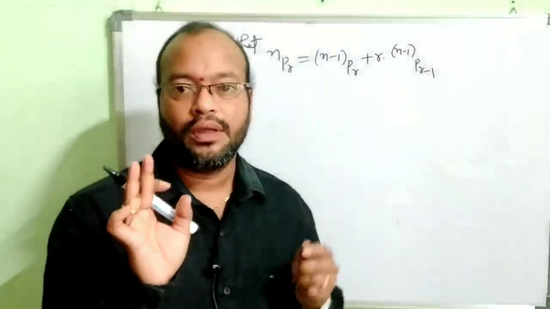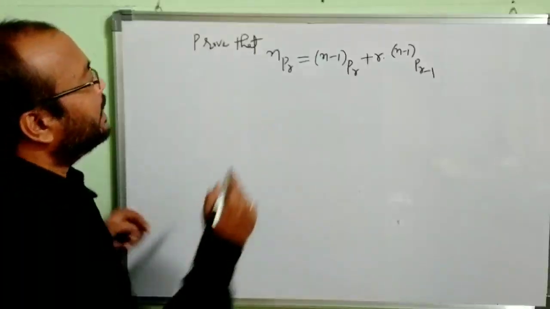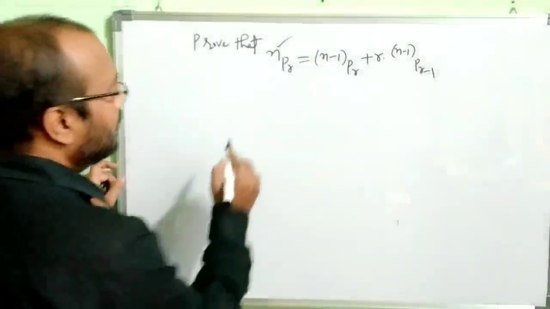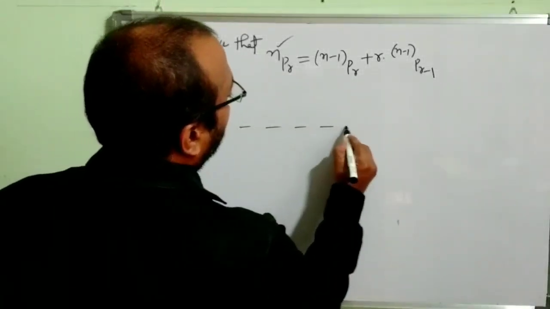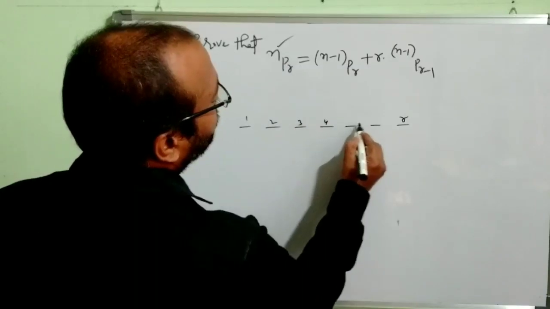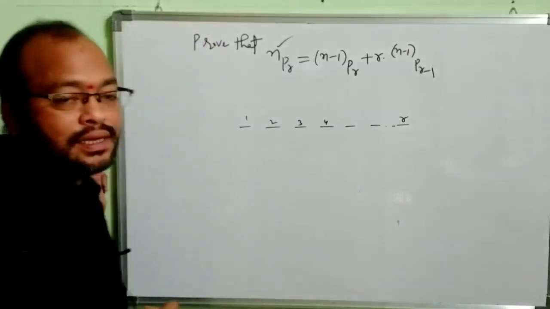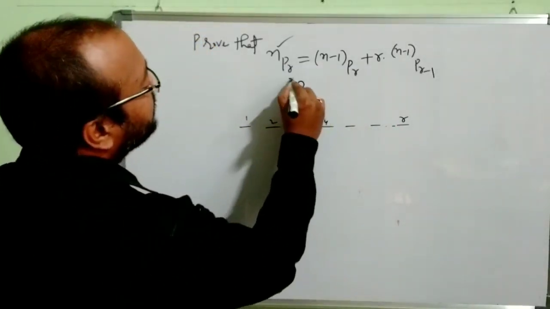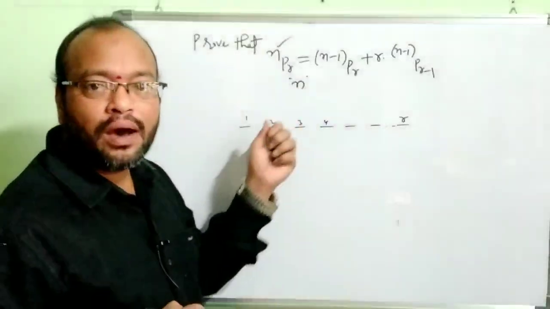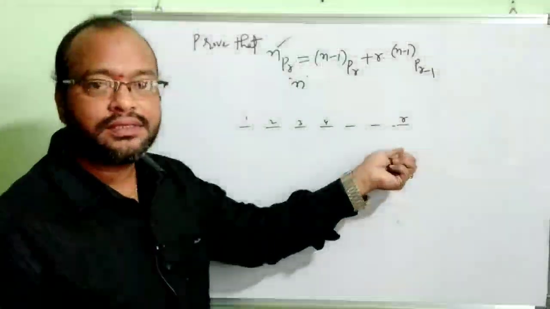Remember, okay? Listen carefully. First, NPR, we already explained. NPR means what? R blank places are there: 1, 2, 3, 4, and so on. We have n dissimilar things. By using these n dissimilar things, we have to fill R blank places.